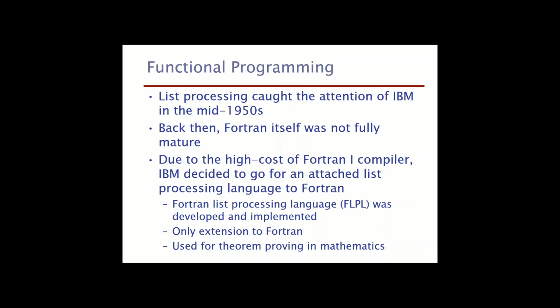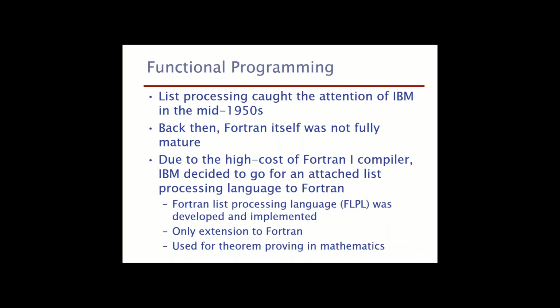So they thought of something. Well, how about we do not create a whole programming language from zero? We make use of whatever version of Fortran is available, and we create an extension of it. So that was the idea. They worked to provide a programming language for Lisp processing, but based on Fortran itself.